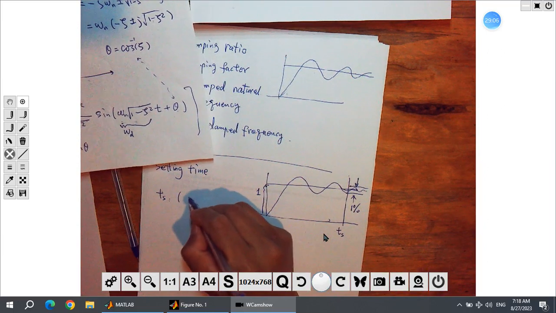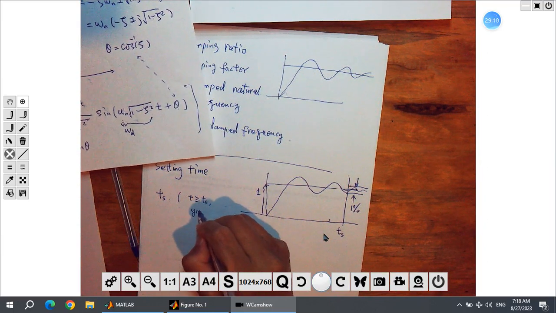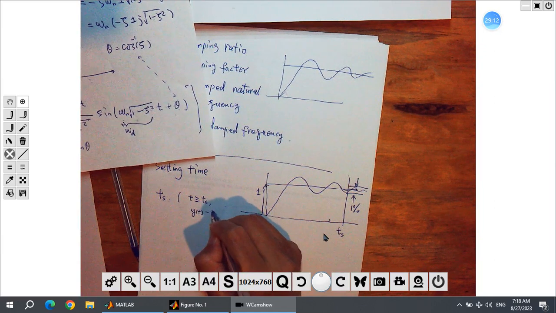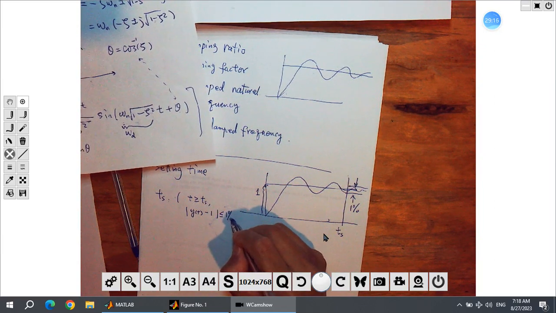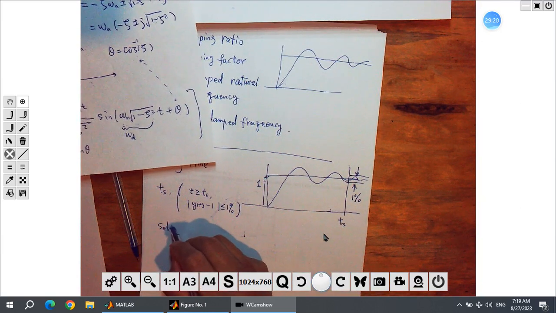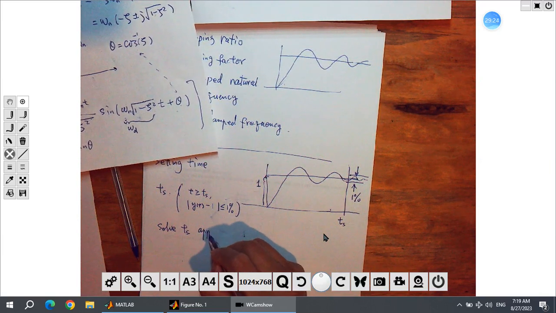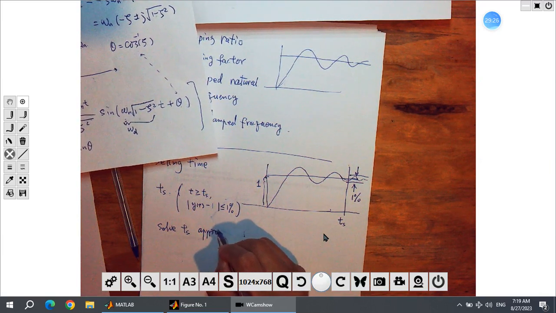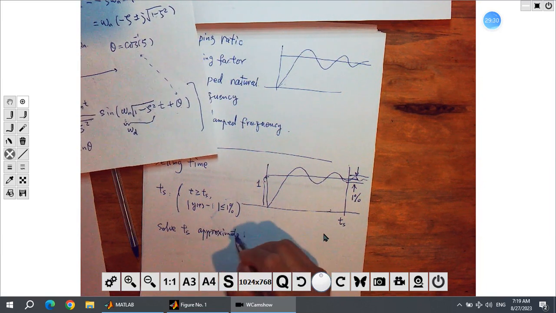You see, when t is larger than or equal to Ts, the absolute value of y of t minus 1 is smaller than 1%. Right? This is settling time. And we can solve Ts approximately.